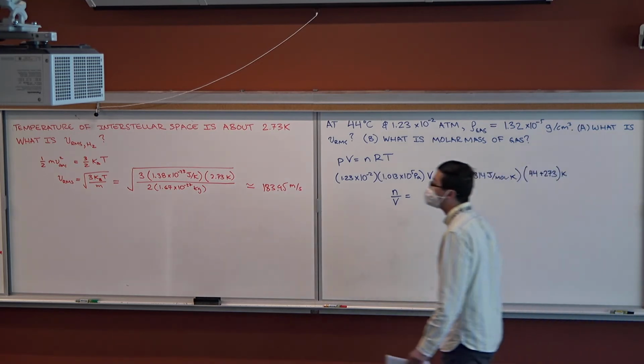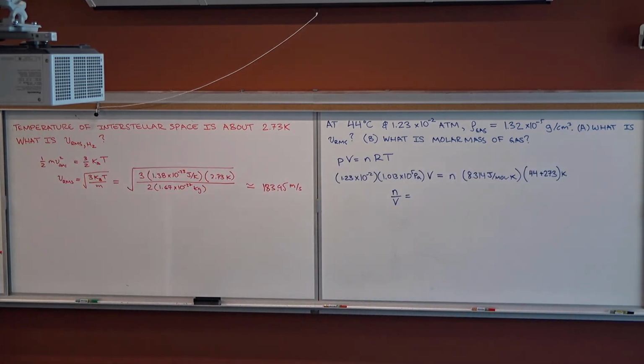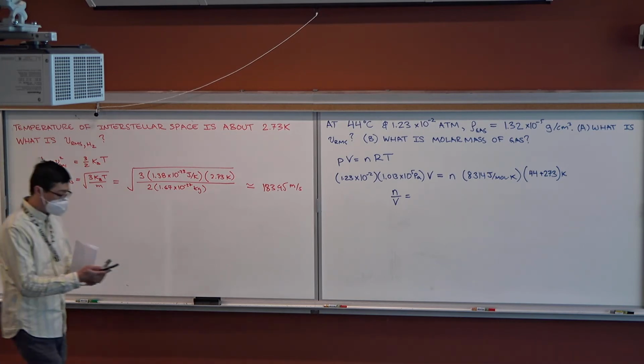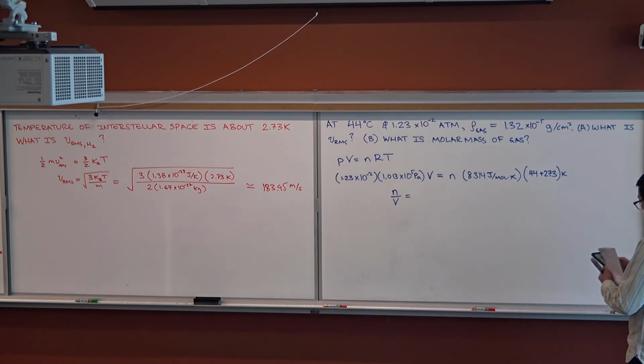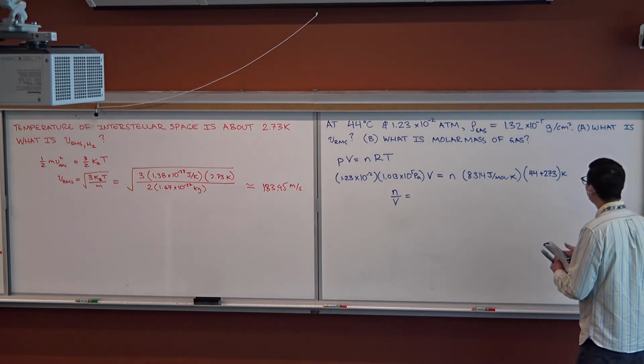So let's see. Oh, you wanted me to put it on the calculator. That's all right. 273 plus 44 leaves 317.